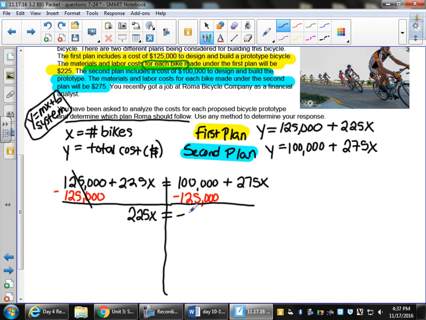I get negative 25,000. And be careful, make sure we don't get happy with the zeros and keep adding too many, okay? Count carefully when you do this. When you're entering things in, just be careful. And then I bring down the positive 275x. Next, we will subtract 275x from both sides.